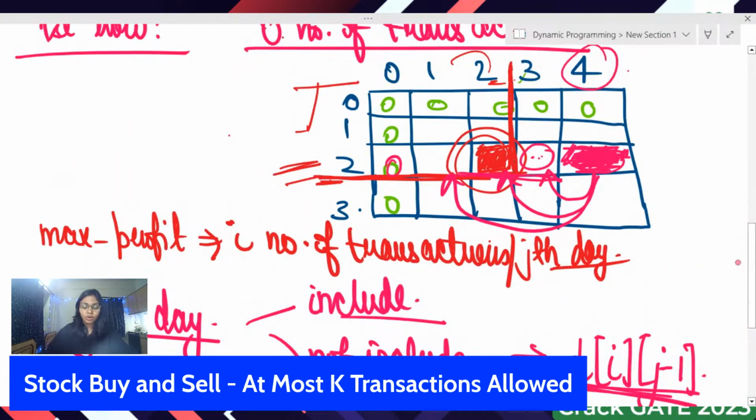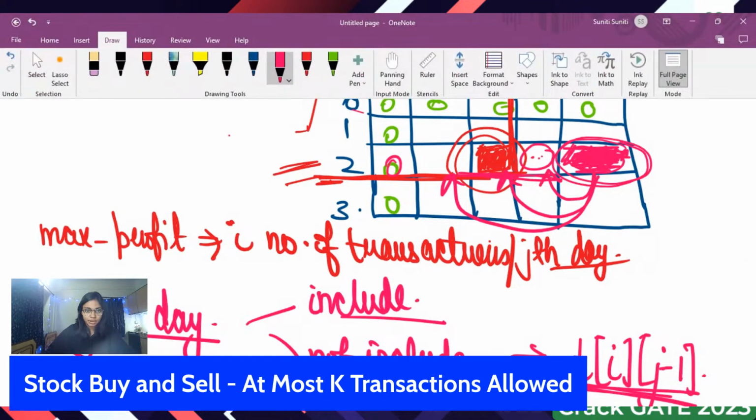What we need to find out basically is that if you are selling your stock at this point, and this day is included in the transaction, then you need to find out, let me explain again.